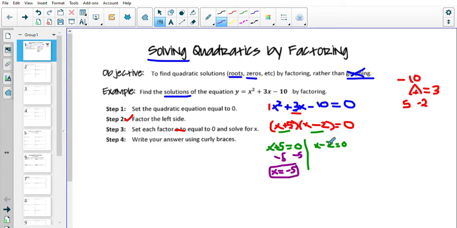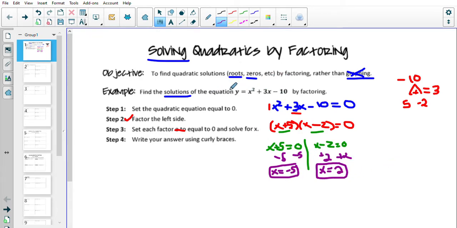Then if I do the same thing over here, I need to move this negative 2, so I do the opposite operation. I add the 2 onto both sides, and that gives me an answer of x equals positive 2 for the second one. So these are our 2 solutions.